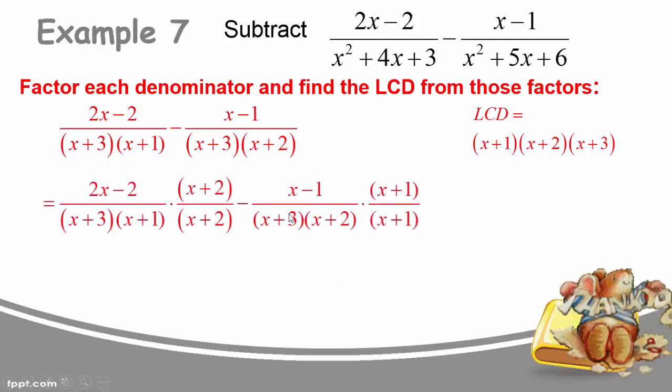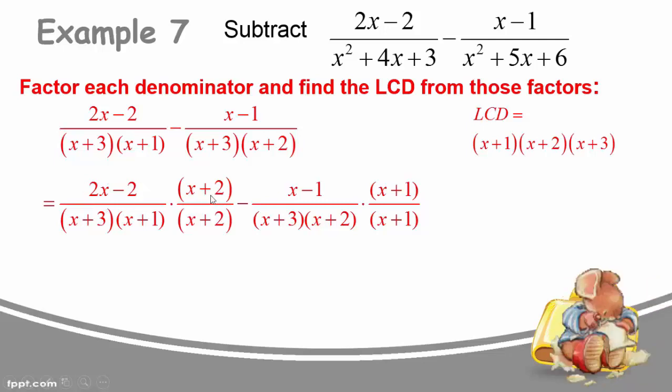Then I look for, in each of the numerators, what's missing from the original denominator and multiply by that. Similarly here, for the first term, what's missing is the x plus 2. So I multiply the numerator by x plus 2.